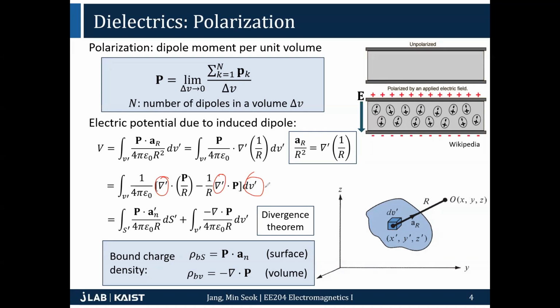Okay, An Donghyun asks, yeah, so right, AN is the direction normal to the surface. Yes, the unit vector normal to the surface.